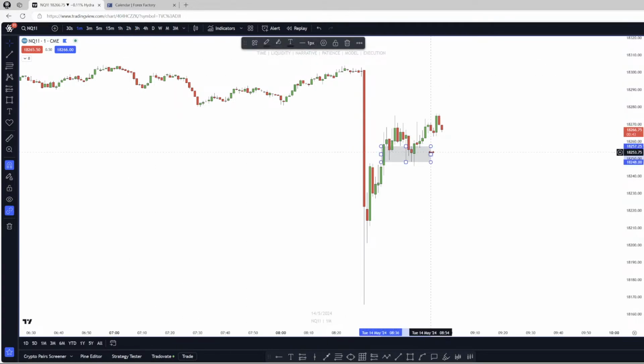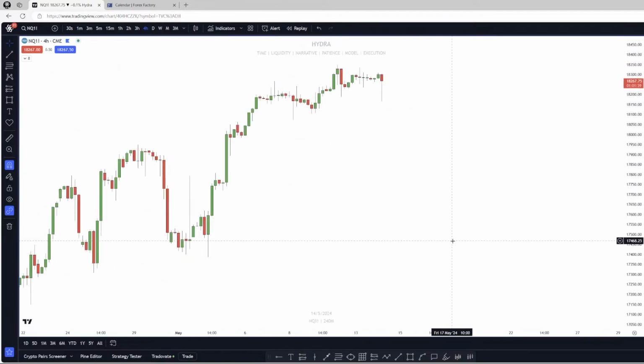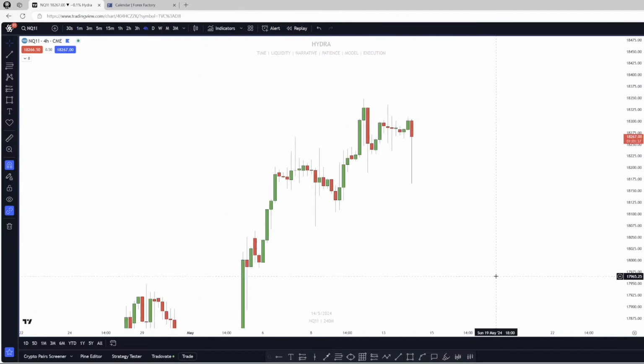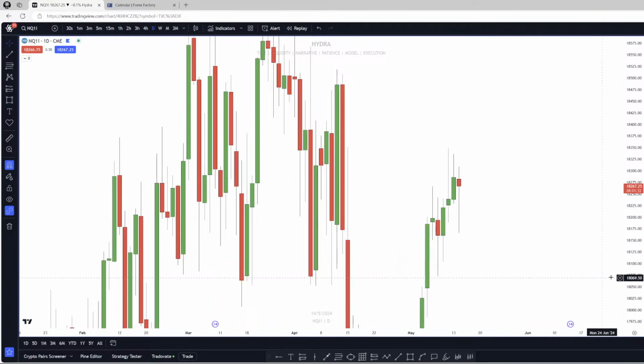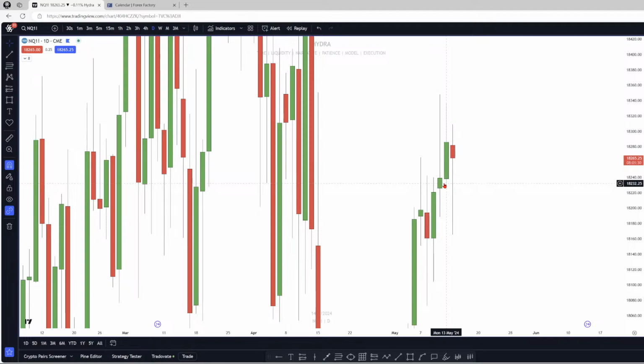So now let's go to the higher time frame. Let's take a look at what the key levels are from the higher time frame today. On the daily chart, very nice that we went below the previous day low, the day before that, and we also hit this order block, respecting this order block, right?